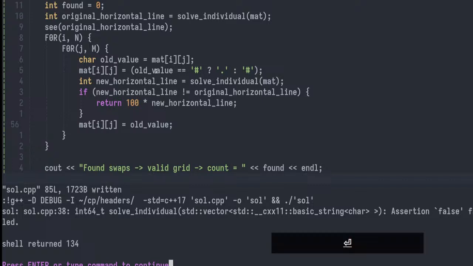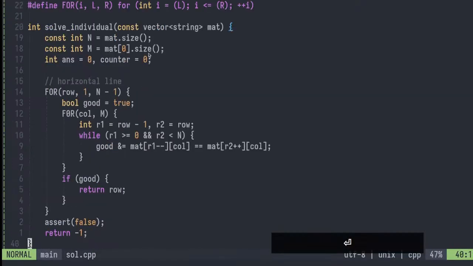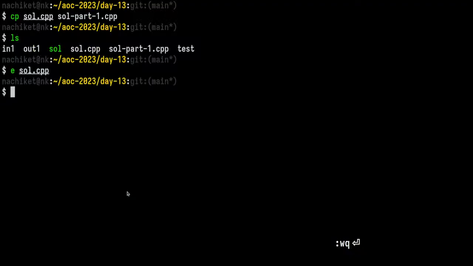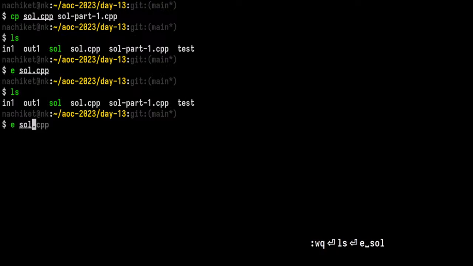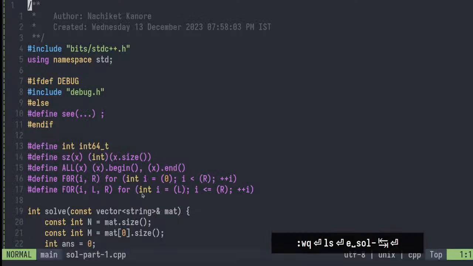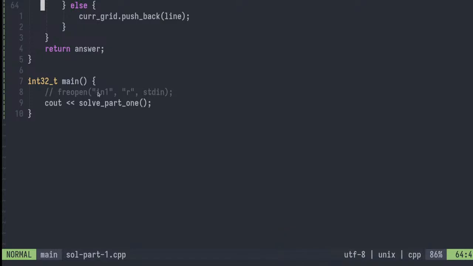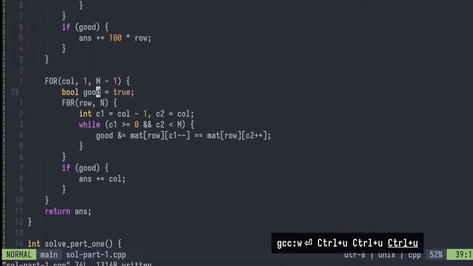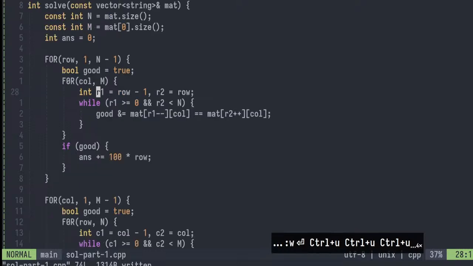Okay, the insertion is still failing. And for the first part, we did the same thing, right? So we will just run this, and let's say it prints.